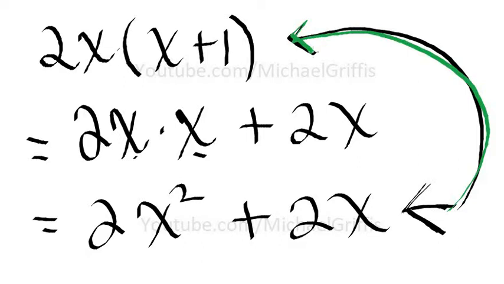We have a 2x in this term and a 2x over here in this term. What that means is we can factor that 2x out, or you can think of it as pulling it out and bringing it up here.